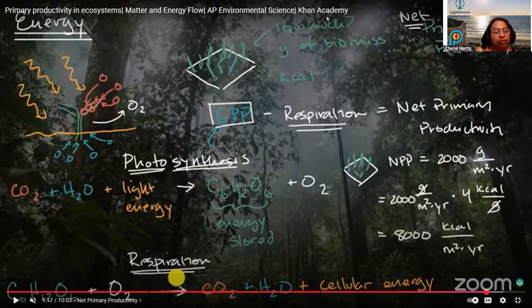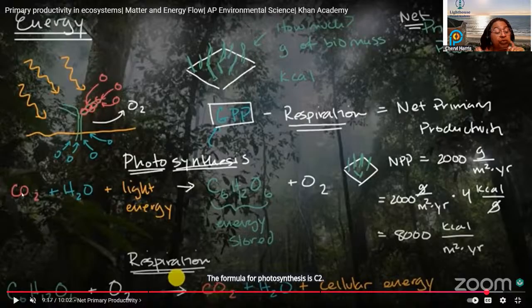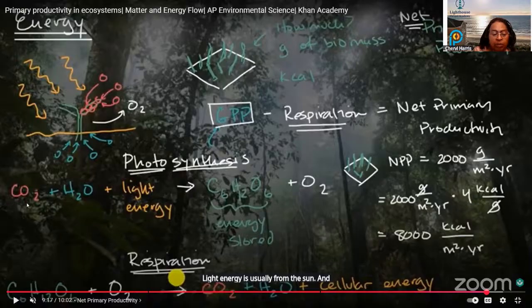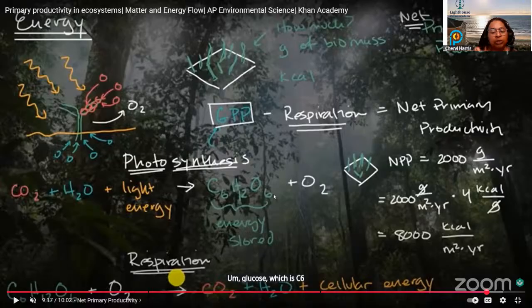Just to wrap up the first part of that question, it asks you to write the formula for photosynthesis. The formula is CO2 plus H2O, that's carbon dioxide plus water, plus light. Light energy is usually from the sun. A chemical reaction takes place, molecules switch around, and it yields, that's what the arrow means, glucose, which is C6H12O6, and that is the stored form of energy.